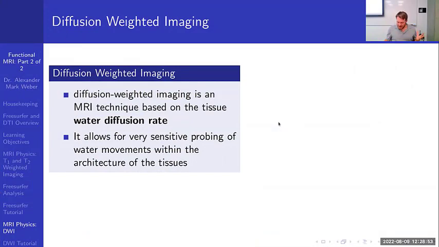Now we're going to talk about the last lecture portion of the day, and it's going to be about diffusion weighted imaging. Diffusion weighted imaging is an MRI technique based on the tissue water diffusion rate. It allows for very sensitive probing of water movements within the architecture of tissues.